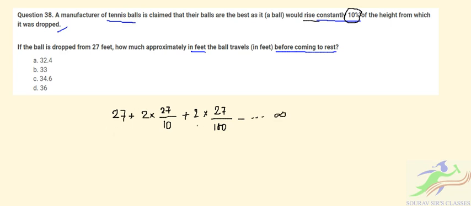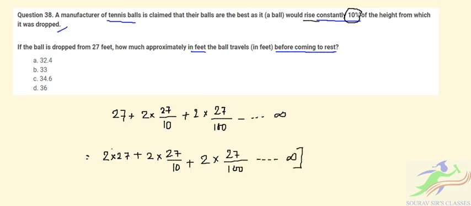Now if we write this, the first 27 with another 27, we get 2 into 27 plus 2 into 27 by 10 plus 2 into 27 by 100, up to infinity.